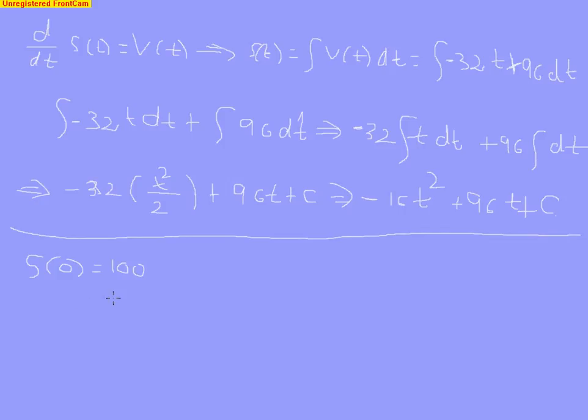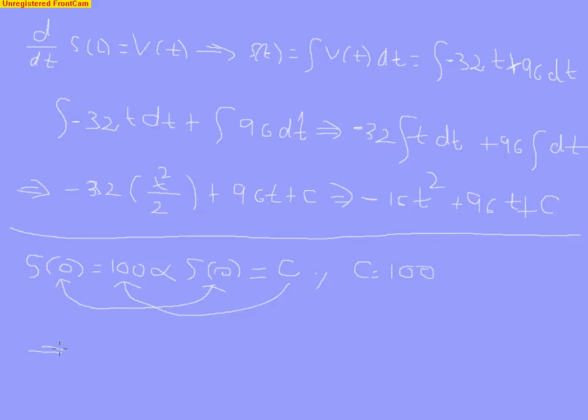So s0 is 100, and at the same time we will evaluate s(0) in this function. We would get 0 t squared, which goes to 0, 96t goes to 0, so we would have c. These are equal to each other, so that makes c equal to 100.